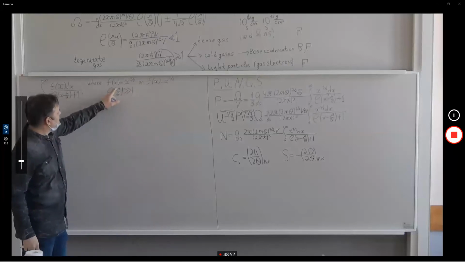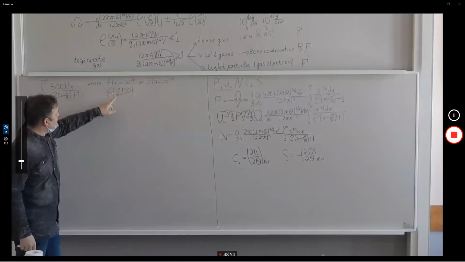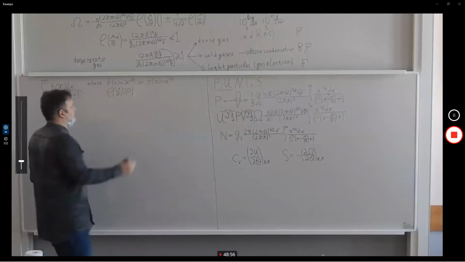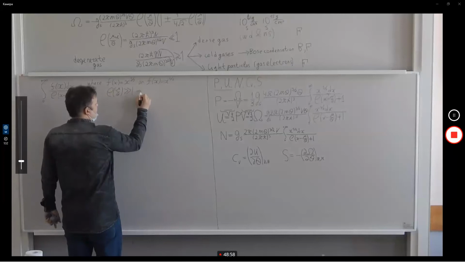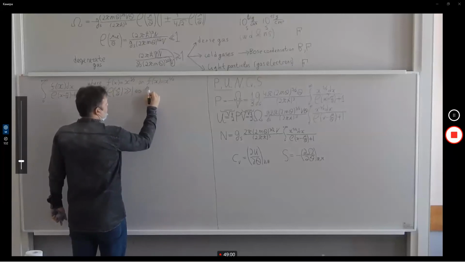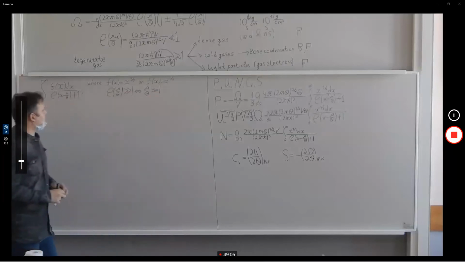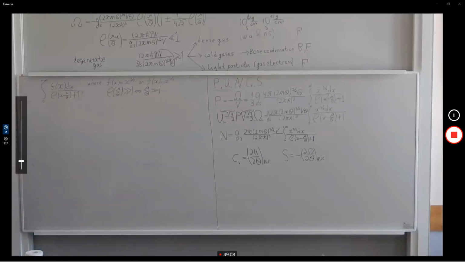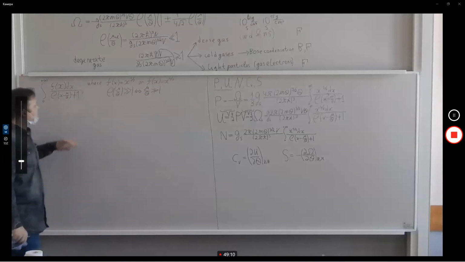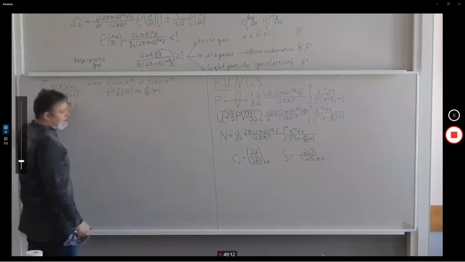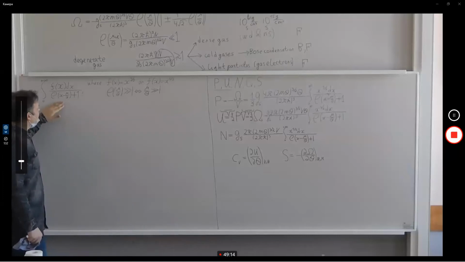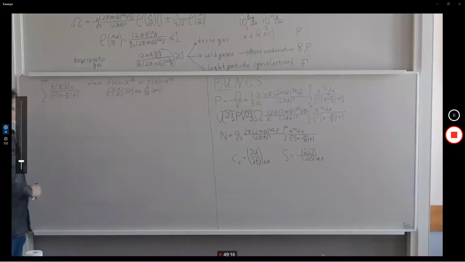So chemical potential is big with respect to the temperature. And it's the same as saying that the chemical potential divided by θ is much bigger than 1. And now I'm going to make an asymptotic estimate for this integral.